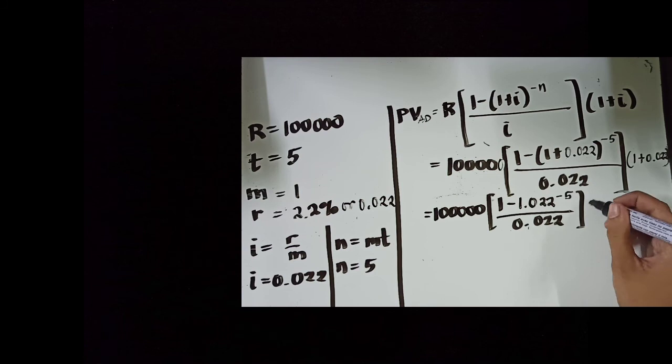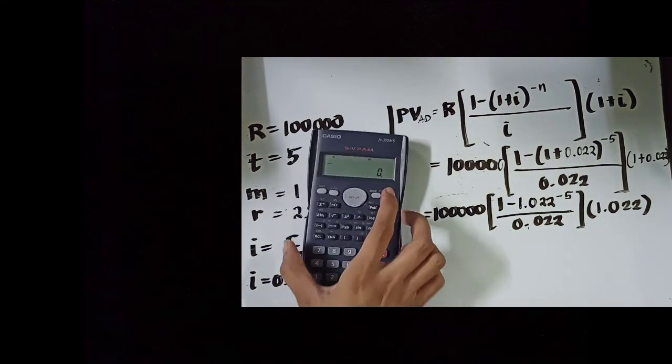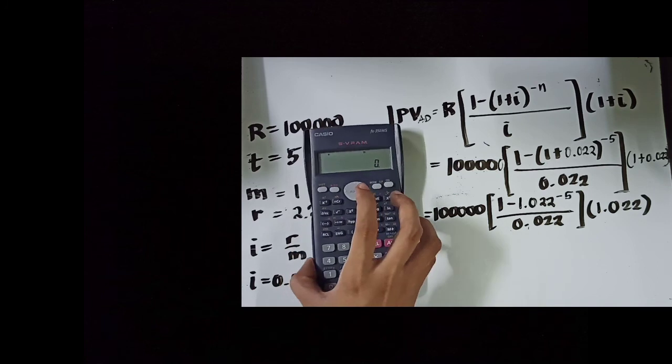Then multiply by 1.022. Okay, so next, substitute lang natin siya or input lang natin siya sa ating calculator.